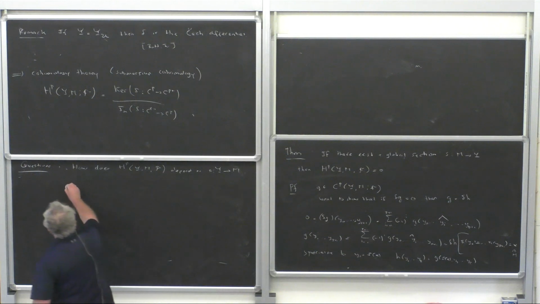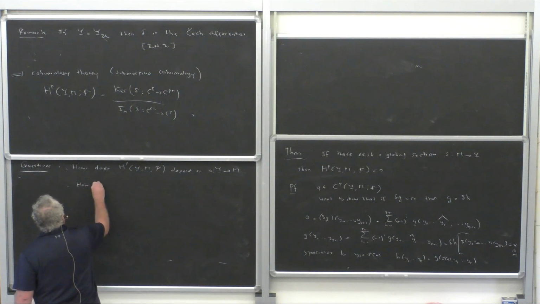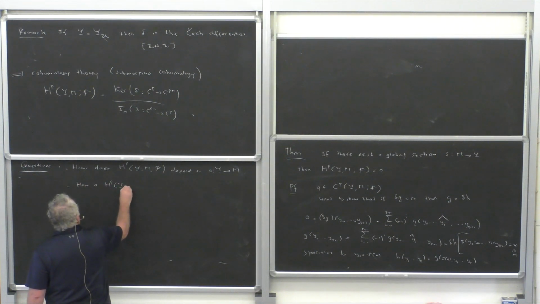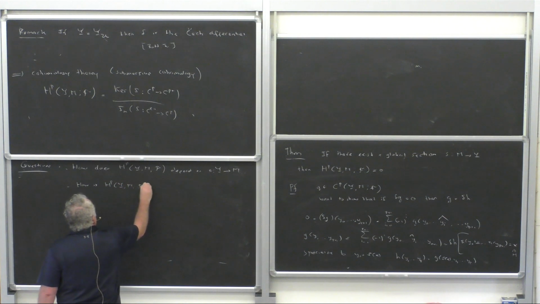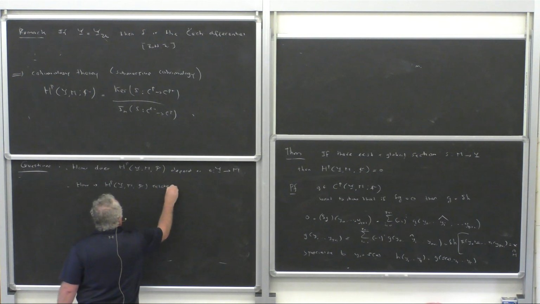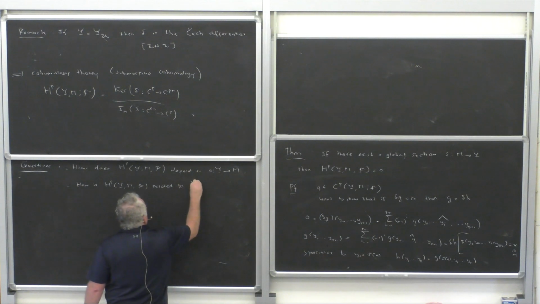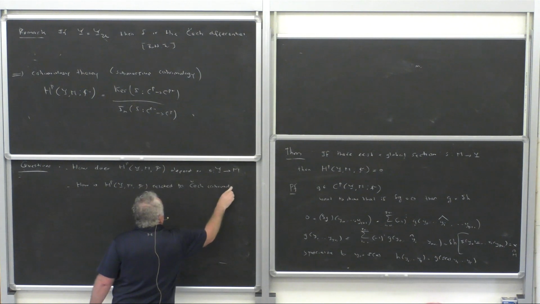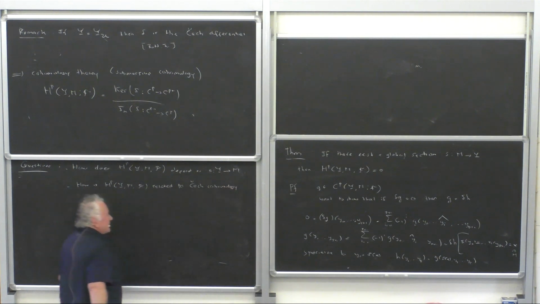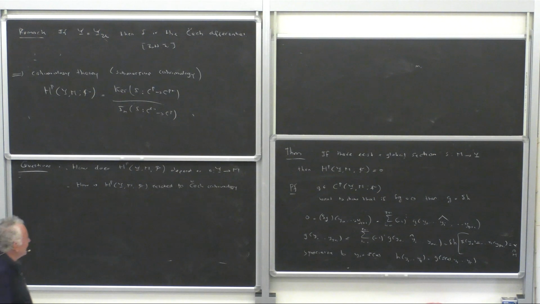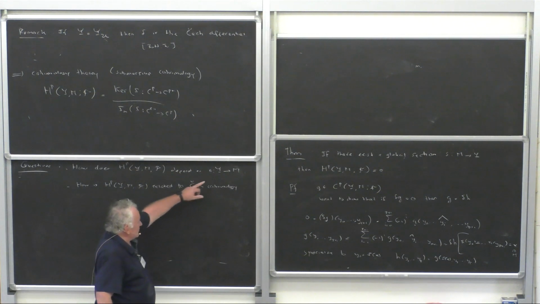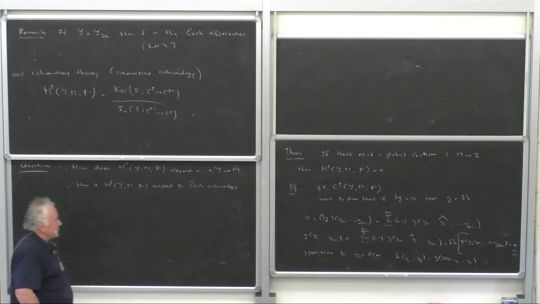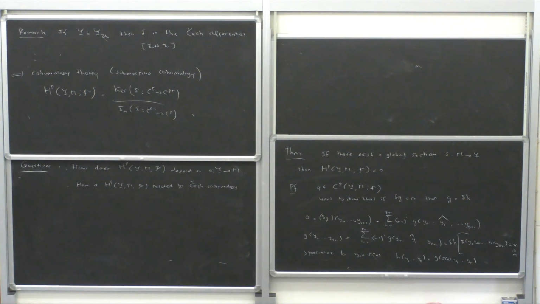And second, maybe, how is HP related to Čech cohomology? Well, maybe that's the same question, because the Čech cohomology corresponds to the cohomology where the submersion is just the submersion by open covers. So these are questions which I'd like to answer.